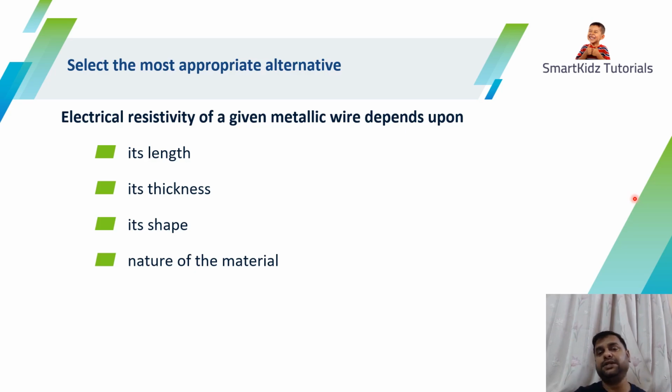That means the resistivity increases if the length increases, and also decreases if the thickness increases, or rather the cross sectional area we are referring to, because it is inversely proportional. But one thing that we miss out on, if the nature of material is mentioned over here, then that is very important, because electricity can pass through only a conductor.